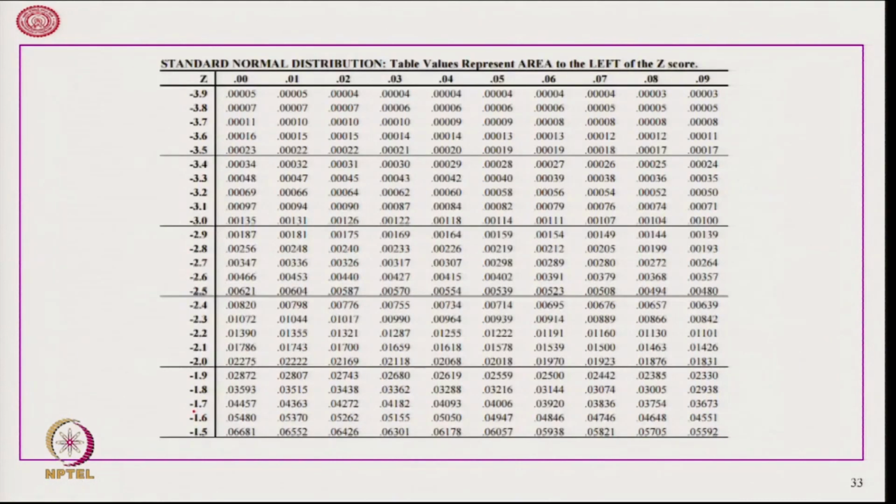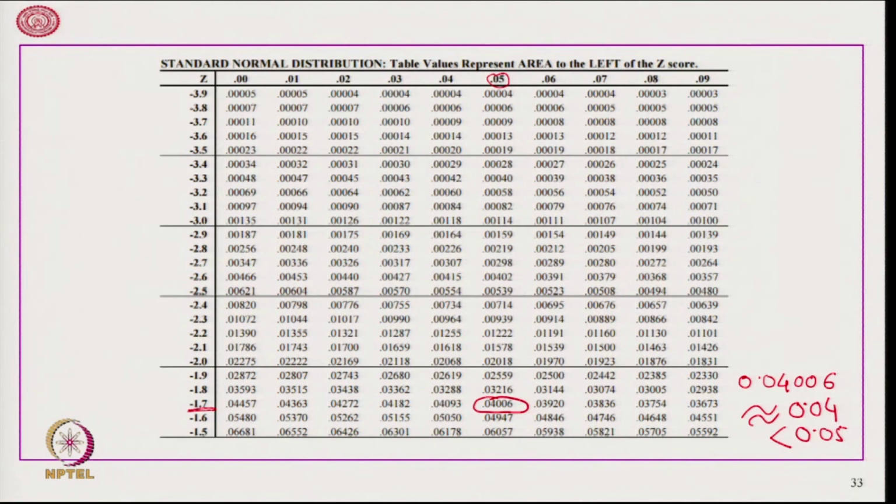So, we go to the normal table, we look at minus 1.7 and 0.05, we come to that value which is equal to 0.04006, which is approximately 0.04, which is less than 0.05. Therefore, we are going to reject the null hypothesis under normal approximation as well.